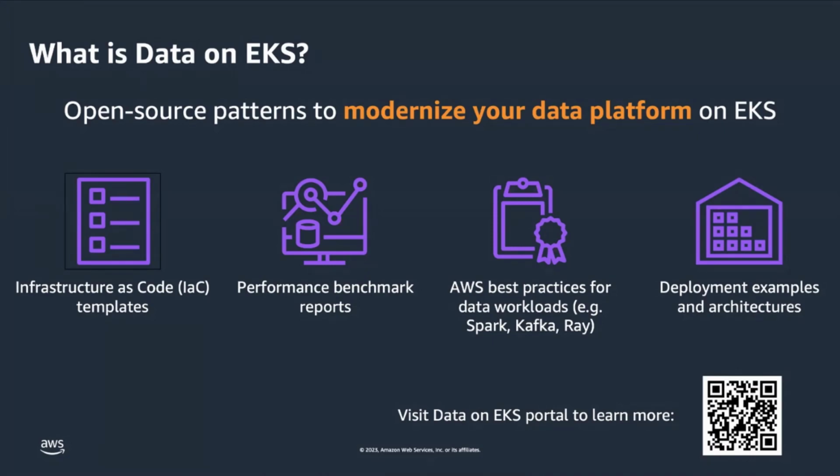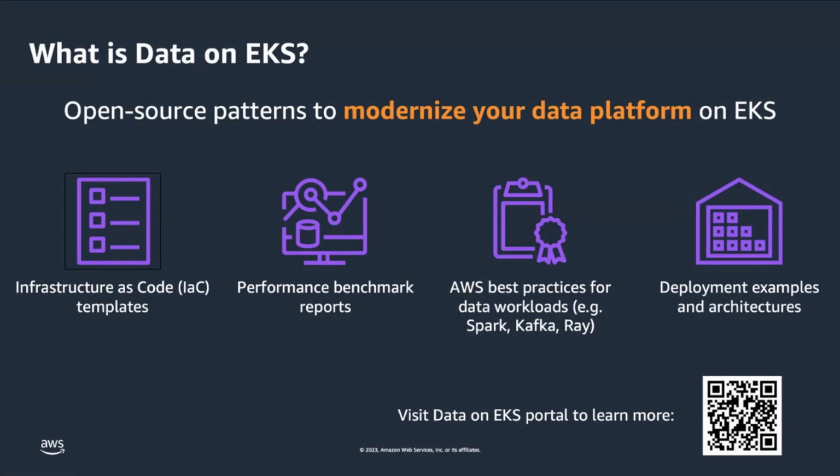Best practices, and this includes best practices for a number of different data workloads. So we have patterns for Spark, Kafka, Ray, and also for things like Kubeflow. And then lastly, different deployment examples, some of which I'll go over in today's session, and different architectures that will help you along. I've included the QR code that will take you to the Data on EKS portal if you'd like to learn more.